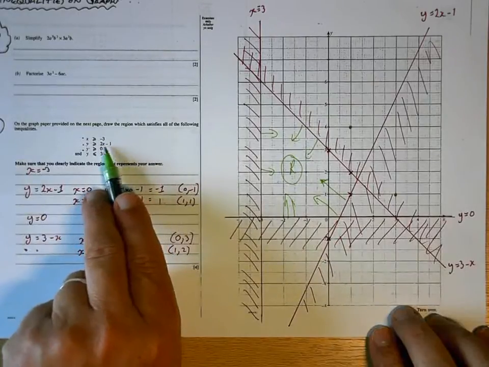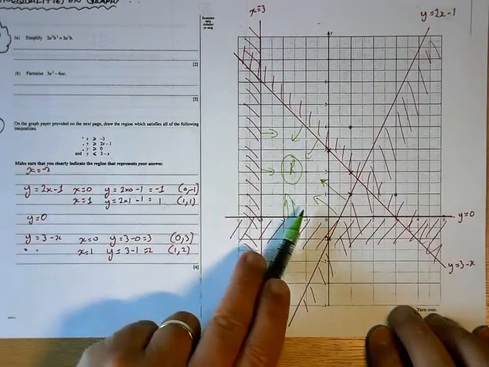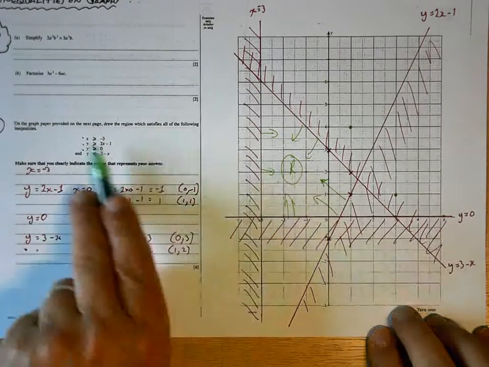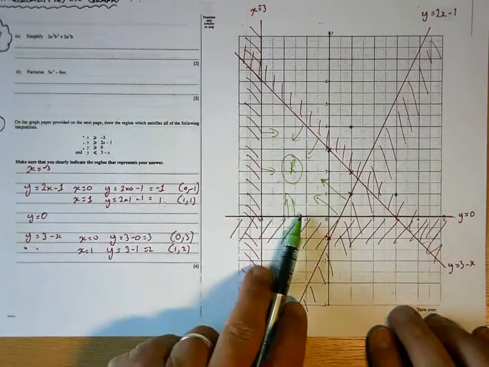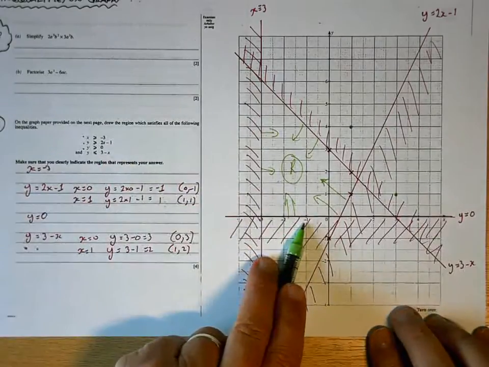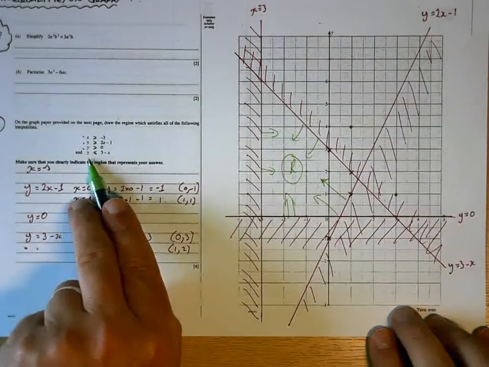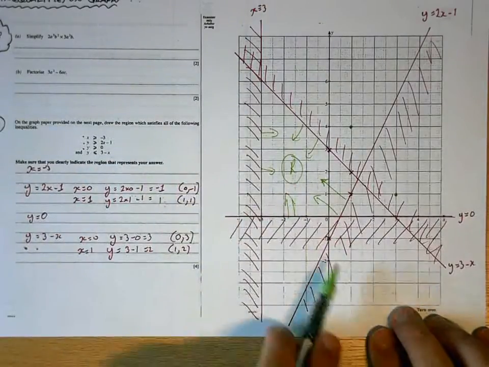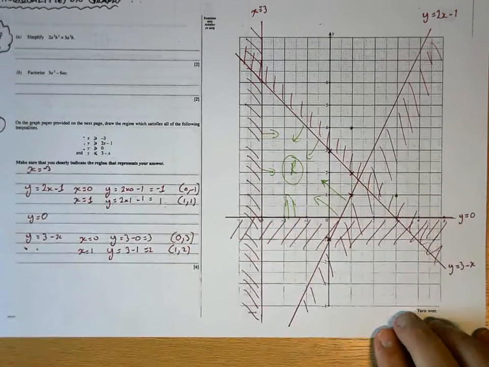Take away 1 is minus 3. And the y coordinate is 2. 2 is bigger than minus 3, so that satisfies it. And 3 take away minus 3 is 6, and 6 is bigger than 2. So everything in that region satisfies that inequality.